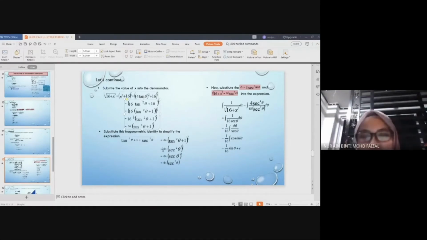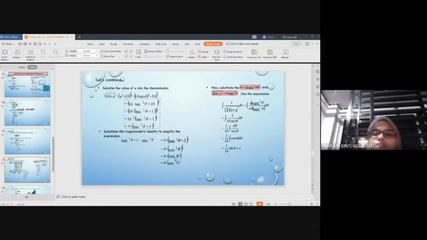Tangent squared theta plus 1 becomes 64 times secant cubed theta, because after you multiply the secant squared theta with the power of 3 over 2, you just cut it off and it will be 64 times secant cubed theta.